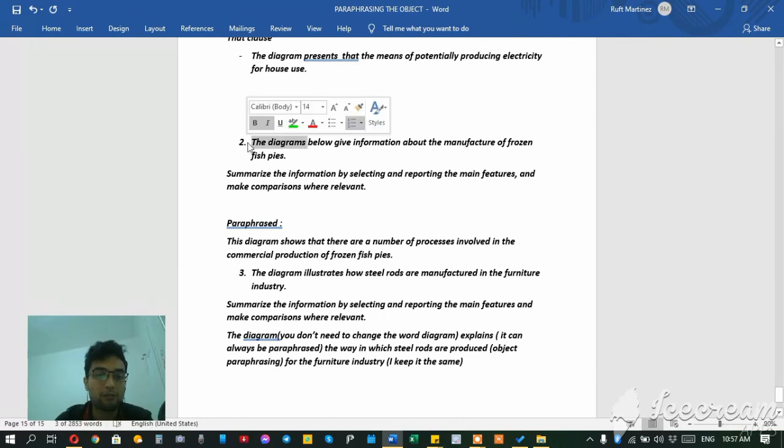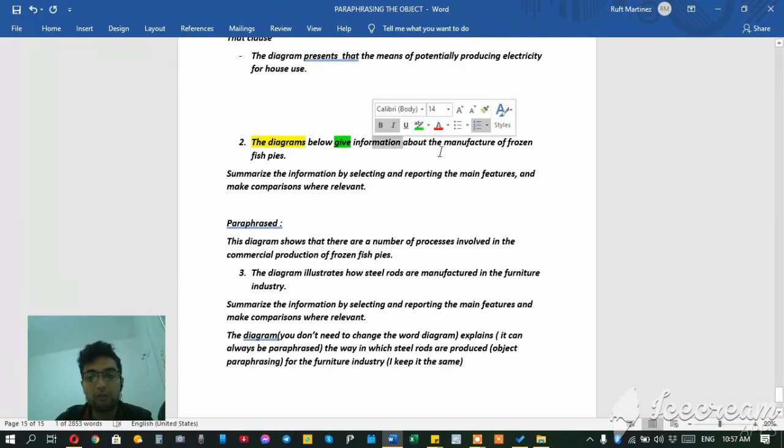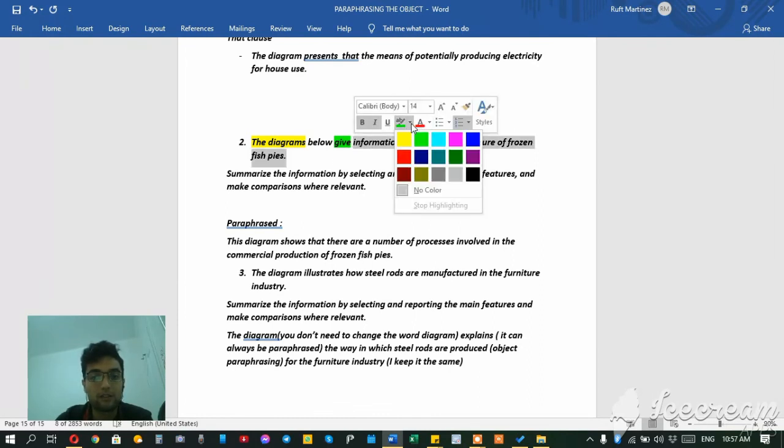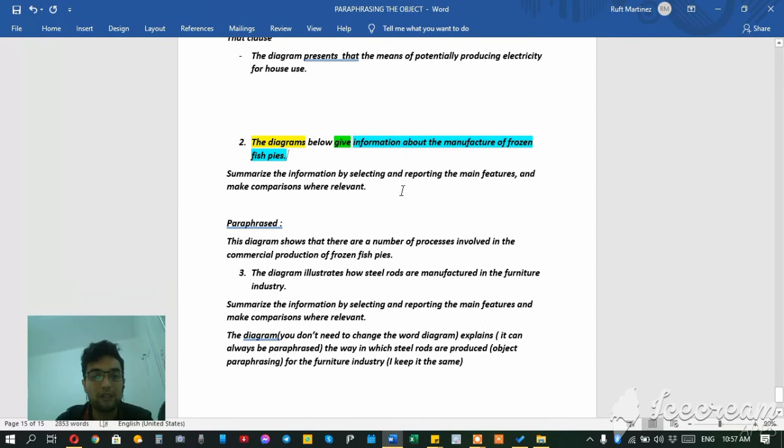Again, we have the subject and the verb. Information about the manufacture, again, is the object. The "that" before the object is the main thing. To paraphrase: information about the manufacture of frozen fish pies.